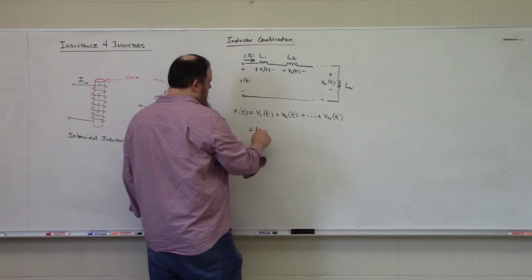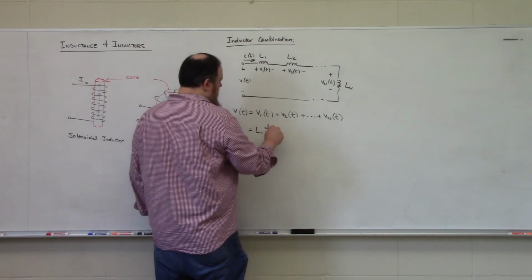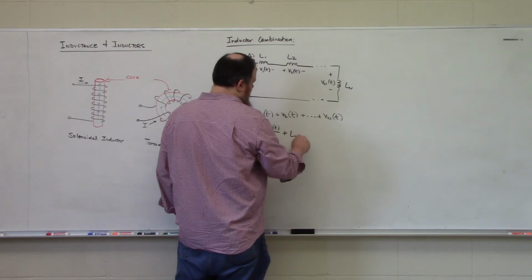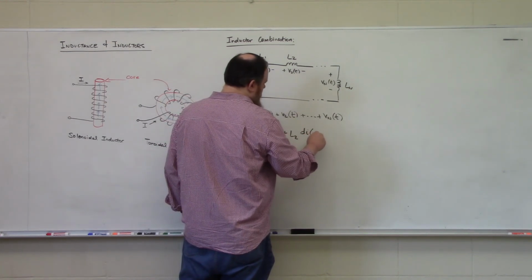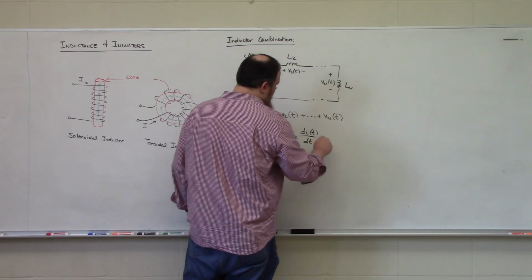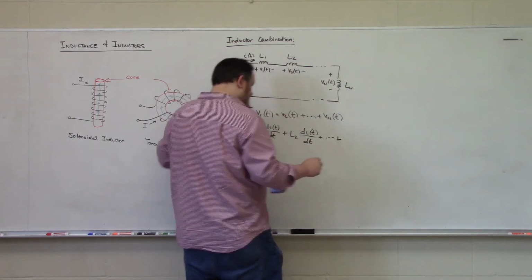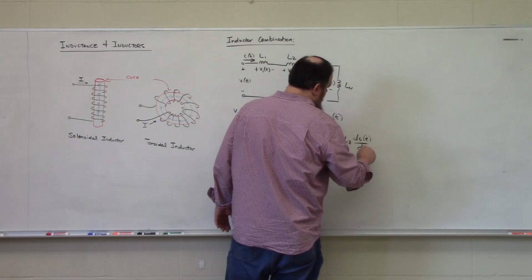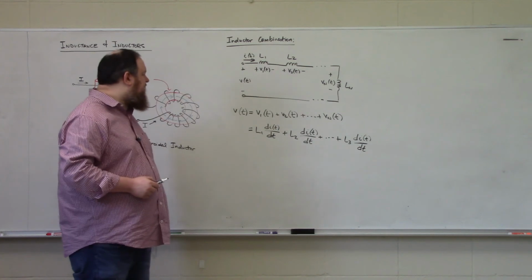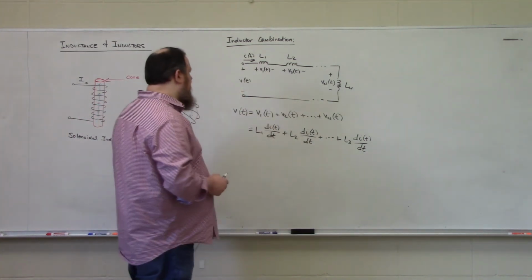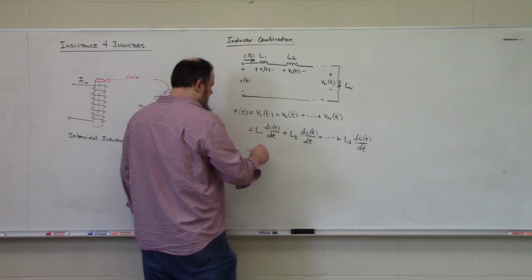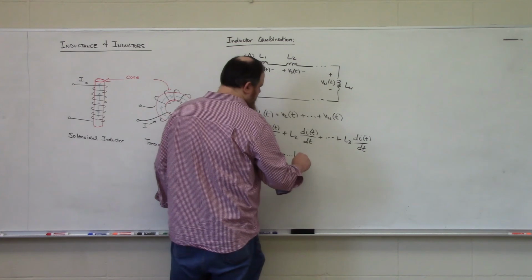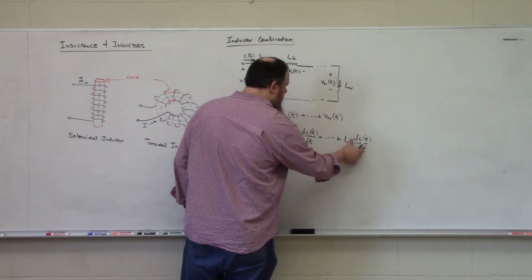So that would be L1 di by dt plus L2 di by dt plus L3 di by dt, where we see that all of these terms on the right-hand side have a common factor of di by dt. So if we factor that out, we're left with L1 plus L2 plus this should be n.